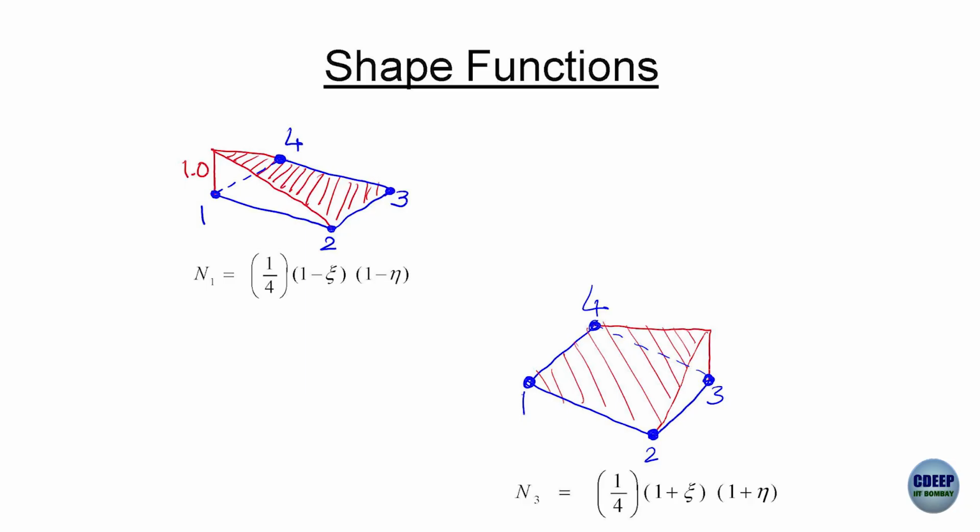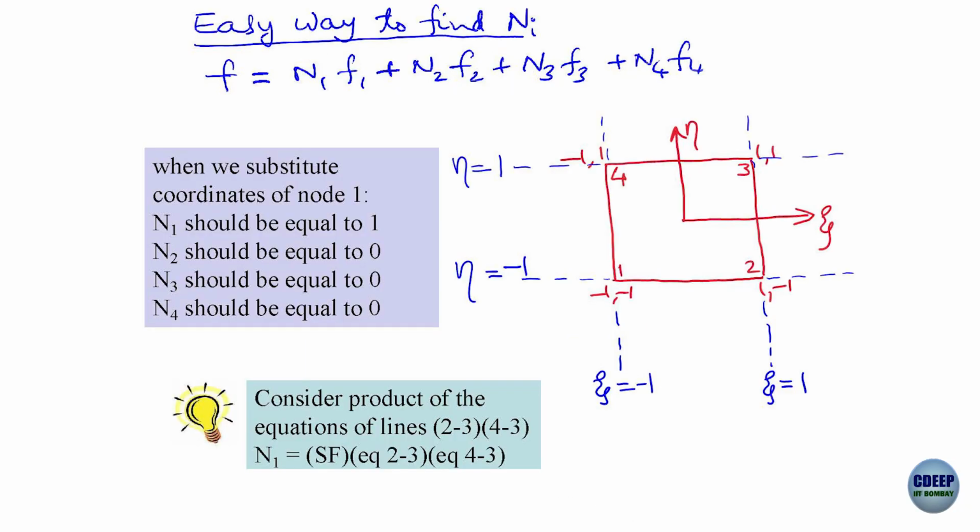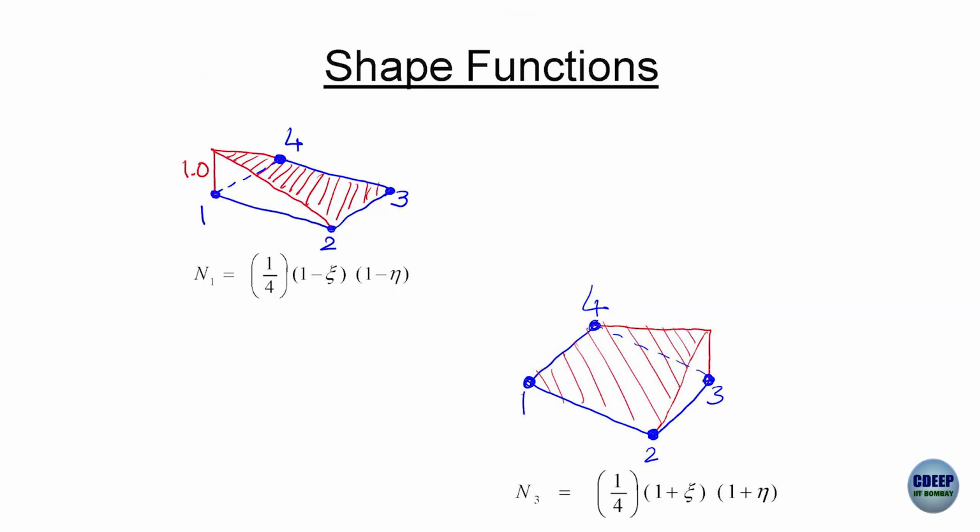For example, for N1 we said it would be the 2, 3 edge and the 3, 4 edge. The 2, 3 edge is zeta equal to 1, that means 1 minus zeta is 0. The 3, 4 edge is eta equal to 1, that means 1 minus eta is 0. So, I could just write the shape function to be 1 minus zeta into 1 minus eta. Nodal points 2, 3 and 4, when I substitute, automatically satisfy this equation.